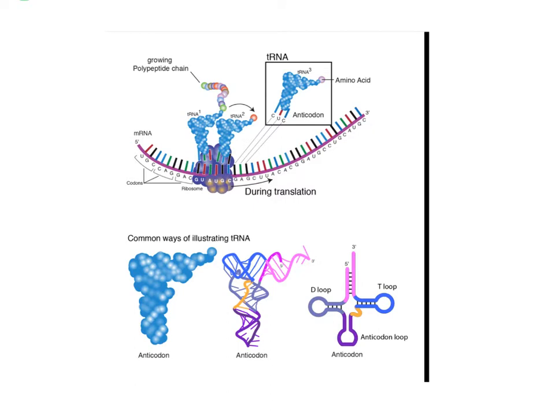So I am going to post another video that will describe the process of translation, but I just want to orient you with respect to the diagram that I have here. So here is our mRNA strand. And so we can see very clearly the 5' end and then the 3' end. We look along here and we can see that we have uracil instead of thymine because it is RNA.